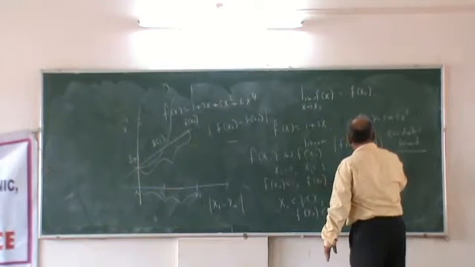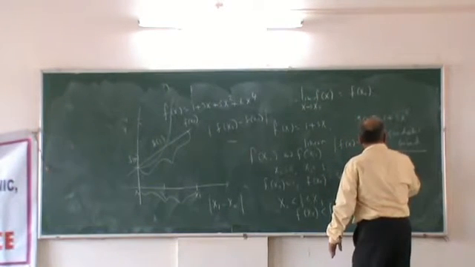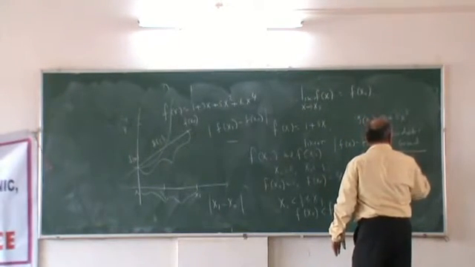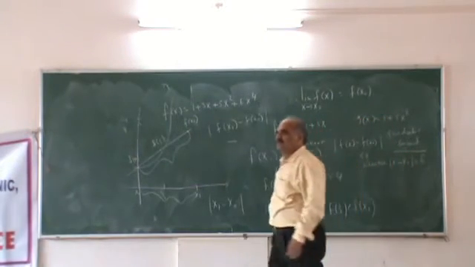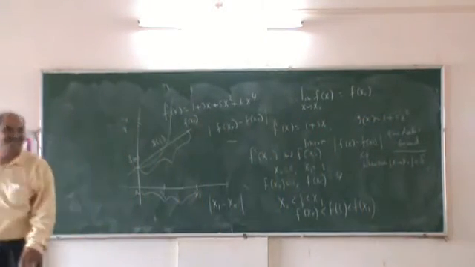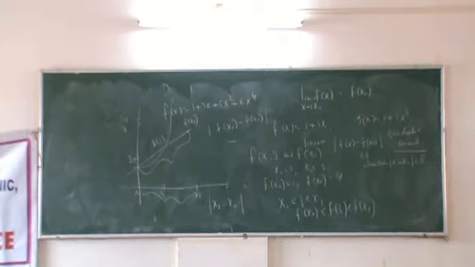Mod f of x minus f of x naught is less than epsilon whenever mod x minus x naught is less than delta. So you will never forget this. The epsilon delta definition and the graph definition of continuity are both equivalent.